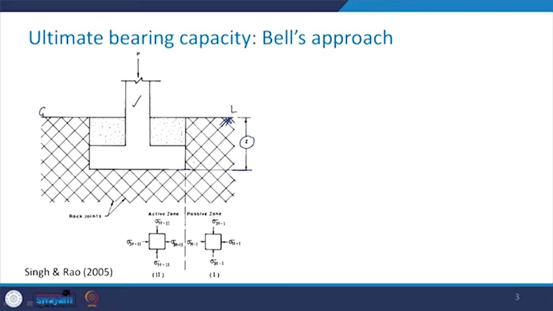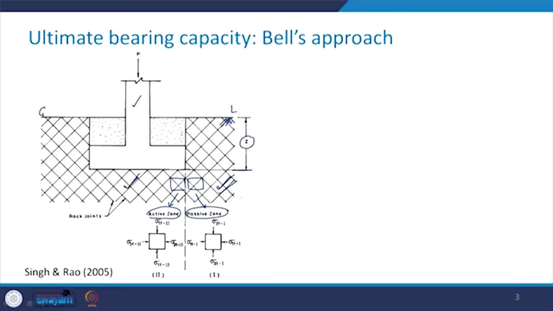As I mentioned, we are going to consider two elements. One is just beneath the footing and one is just outside it, and these have been shown here. The zone which is immediately below the footing, we call the active zone, and the zone which is outside this is going to be the passive zone.